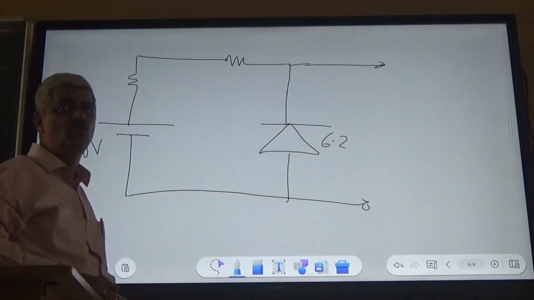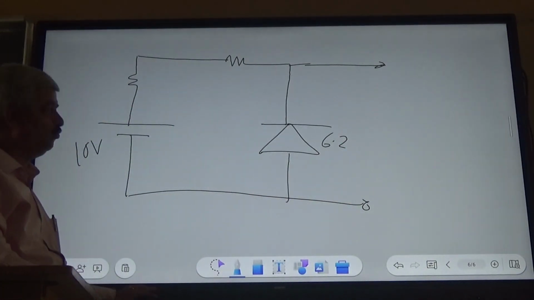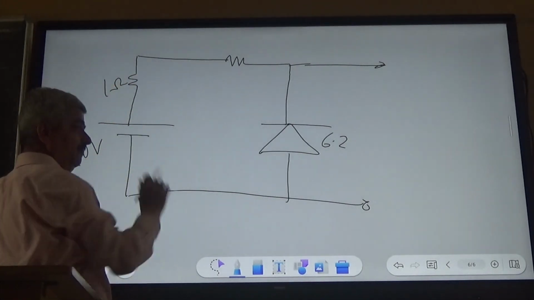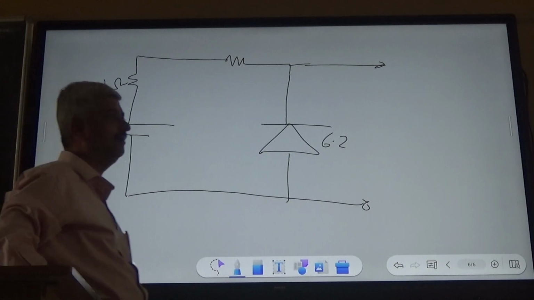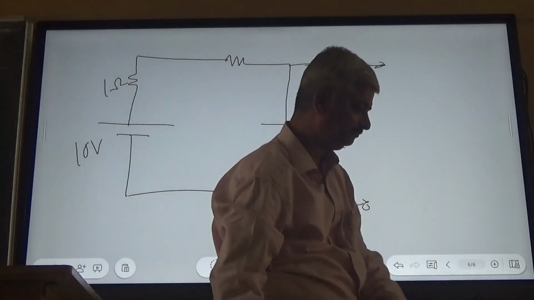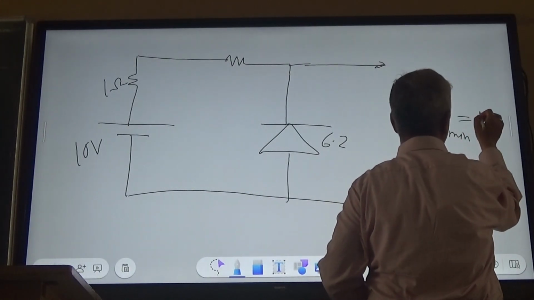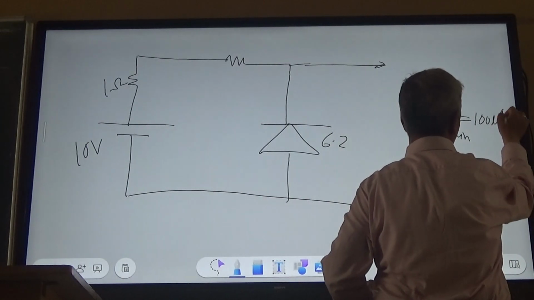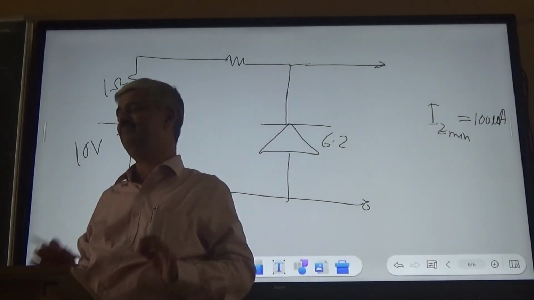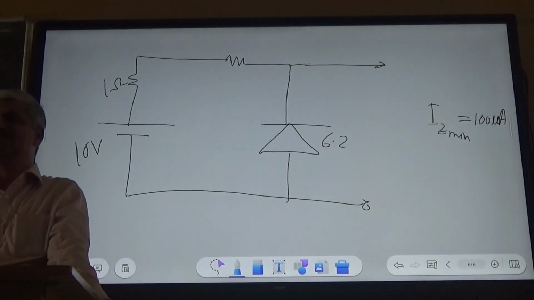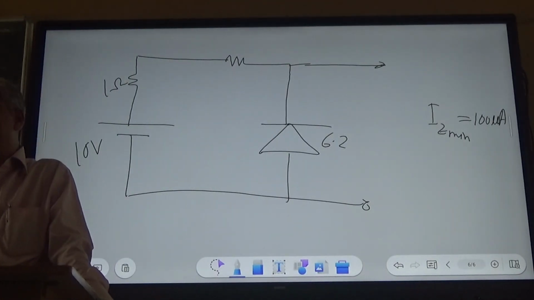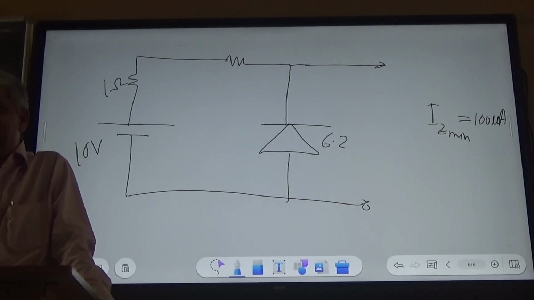Suppose this is a 6.2 volt Zener, with a 10 volt source and 1 ohm, and IZ min is say 100 microampere. What is IZ min? IZ min means a minimum current which must flow through the Zener so as to keep the Zener in breakdown mode.